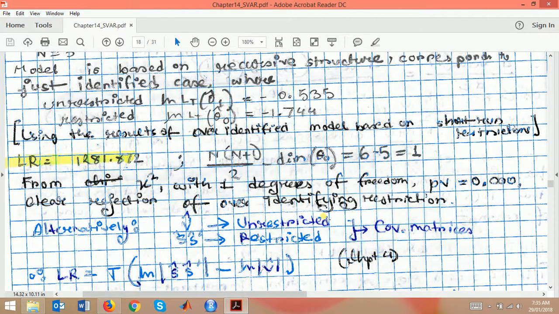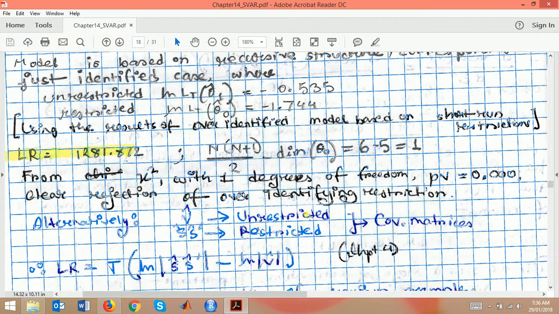In the log likelihood ratio test, the difference between maximum number of parameters minus the dimension of the parameter is 1. So that is the degrees of freedom. So chi-square with 1 degree of freedom, p-value is 0. Clear rejection of over identifying restrictions.